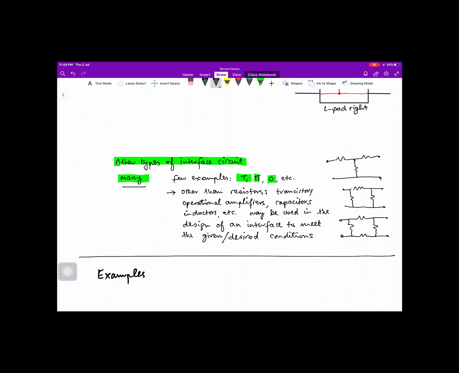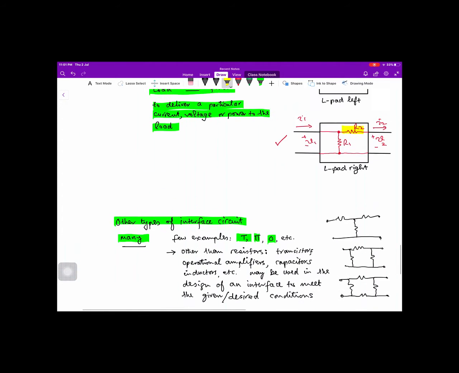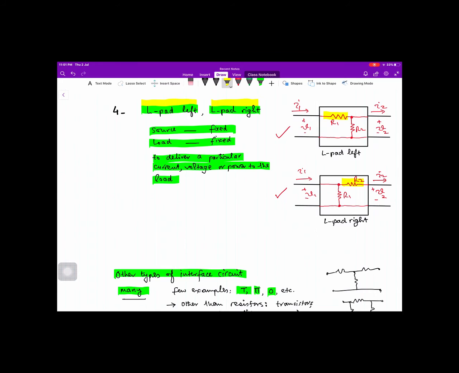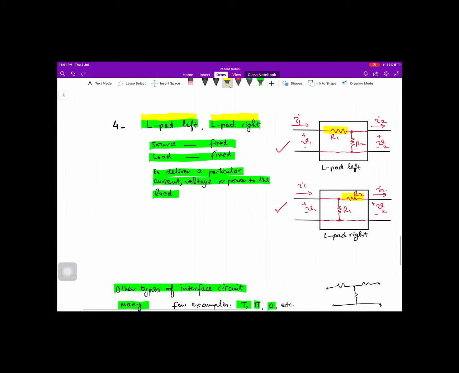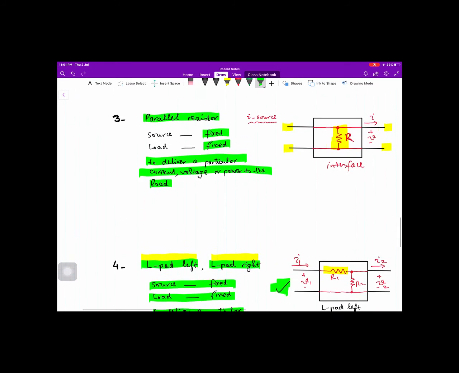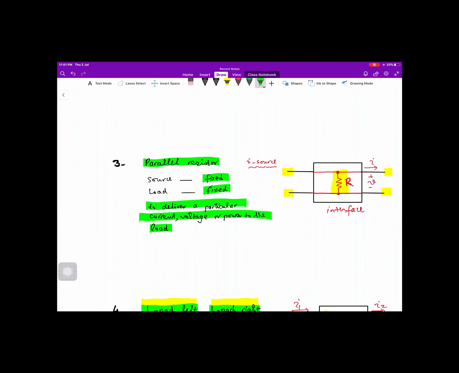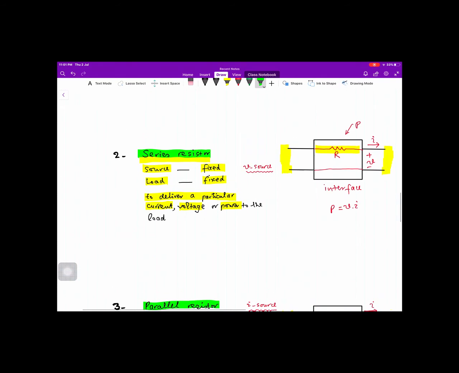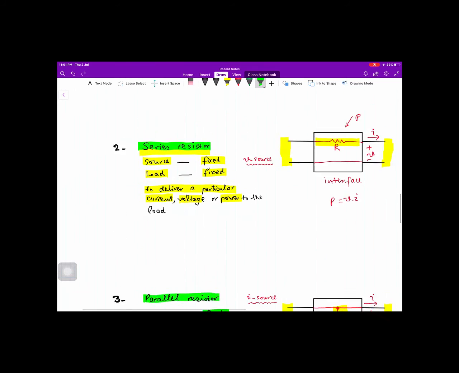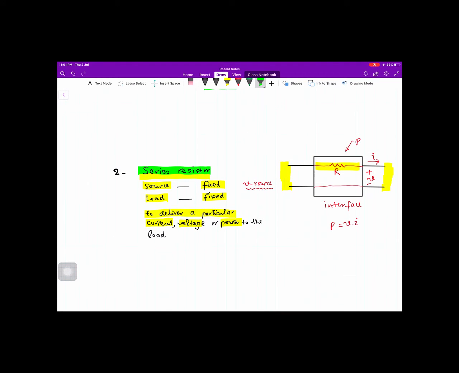And there is a wide variety of possible interface circuits to meet the specific or given conditions of the input and output voltage and current and power. Now in these examples, we will be using only resistors. You can see here we use only resistors, in series, in parallel, and in series resistors only.